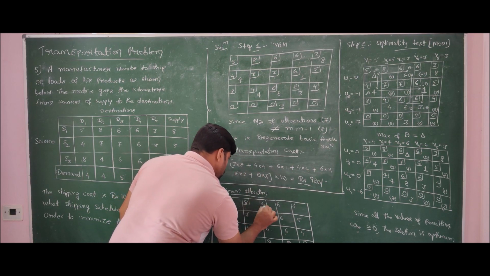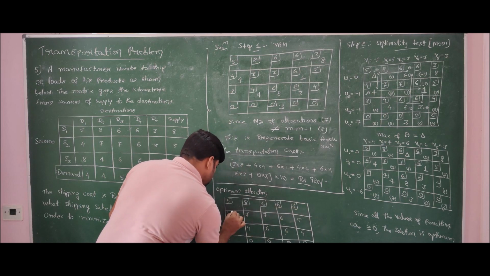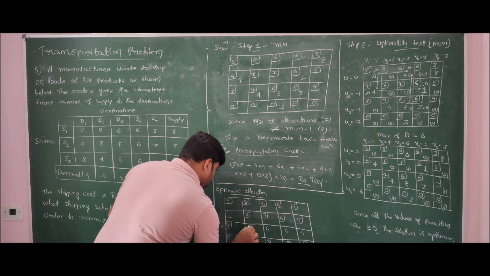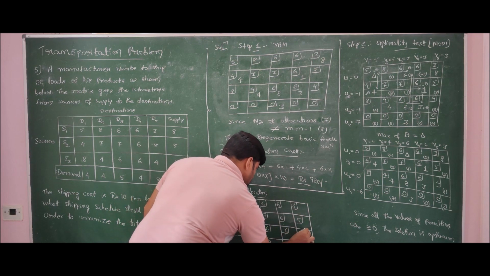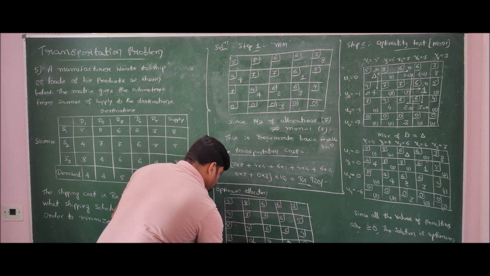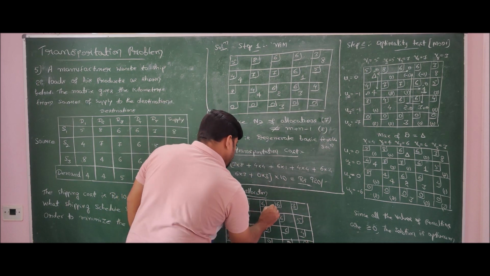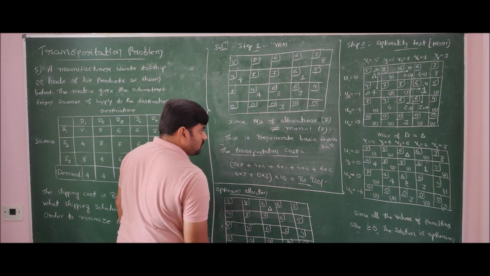So this is the kilometers from source to destinations, and the units allocated are computed. Let me place them. That is, here we have the value of delta, that is 0.